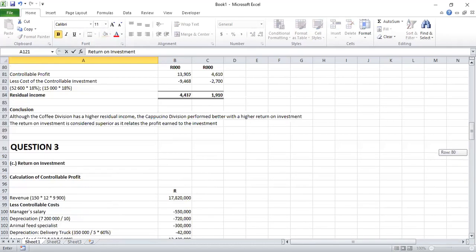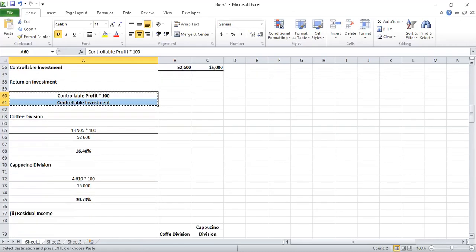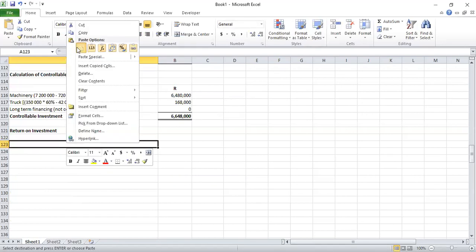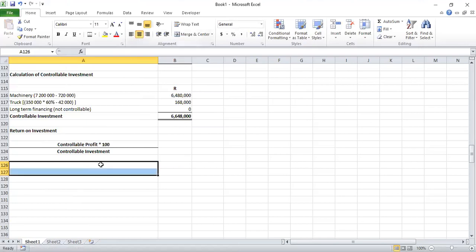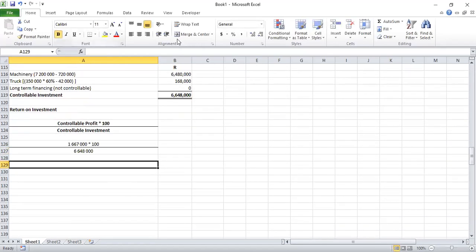Remember our formula. What do we get? 25.08%.